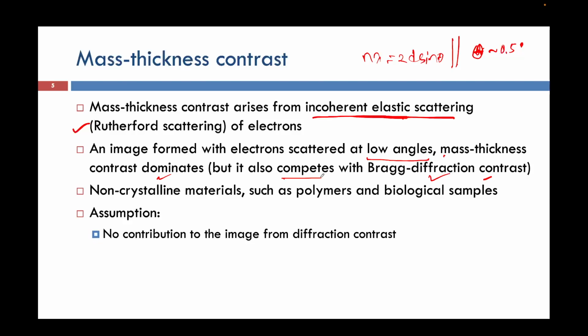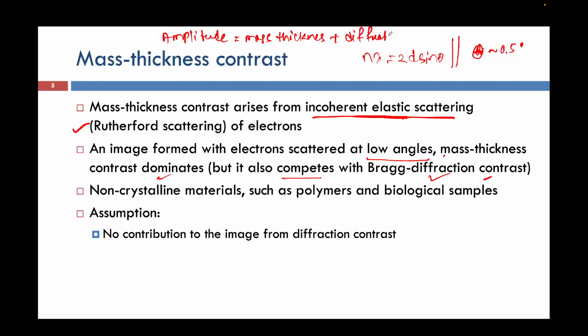Whatever contrast we finally get, we cannot completely eliminate this Bragg diffraction contrast, because at low angle that contrast mechanism will also change the amplitude, and the mass thickness contrast mechanism also changes the amplitude. So eventually the amplitude variation that we are getting, even at extremely low angle, will be due to mass thickness contrast plus diffraction contrast.